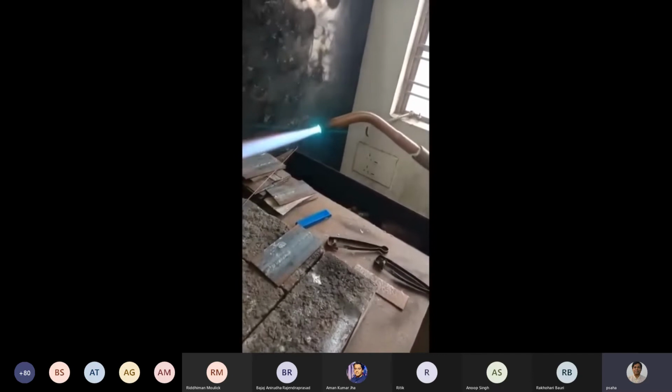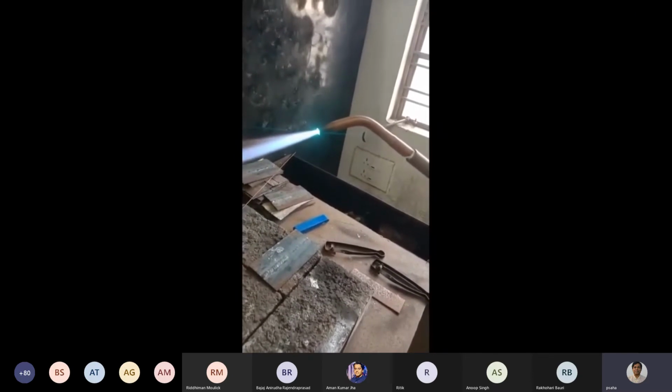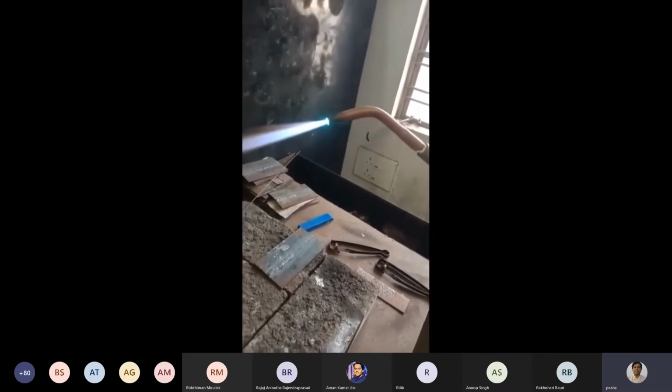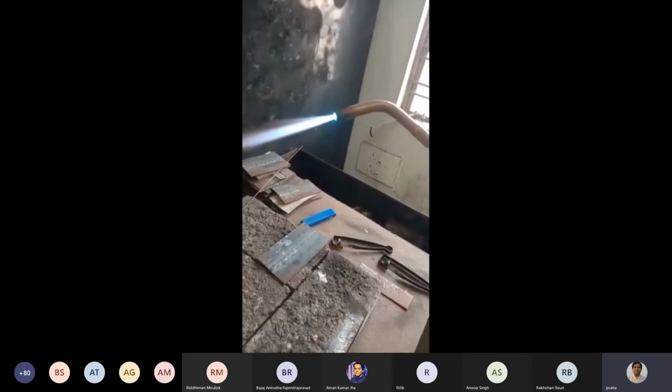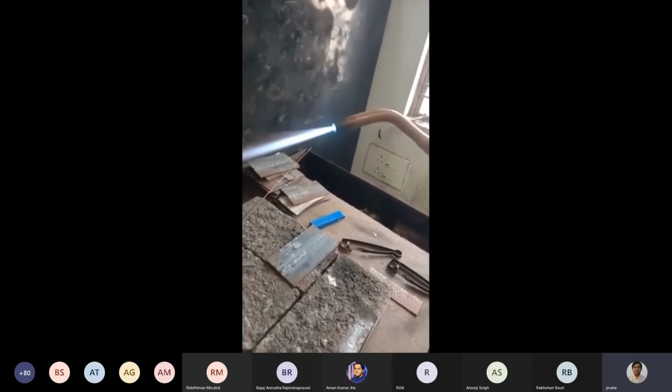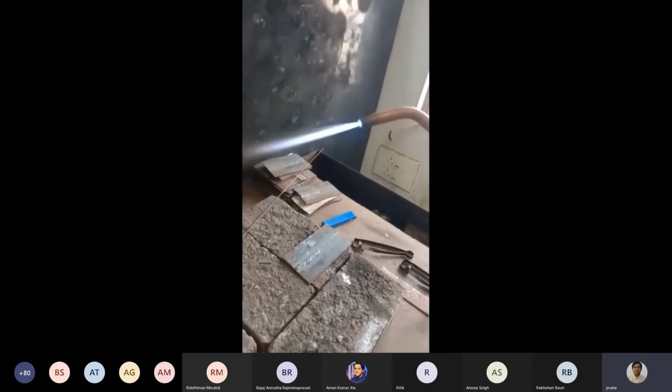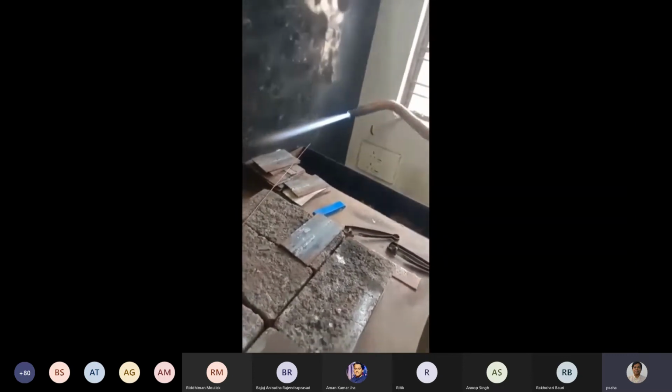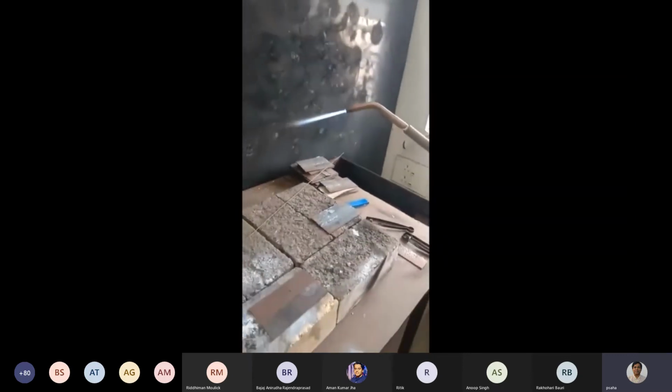Now, if you again increase the oxygen, you see what changes. The inner cone becomes sharper and more pointed, the outer flame becomes shorter, and a loud roaring sound is coming. And this flame is called the oxidizing flame.